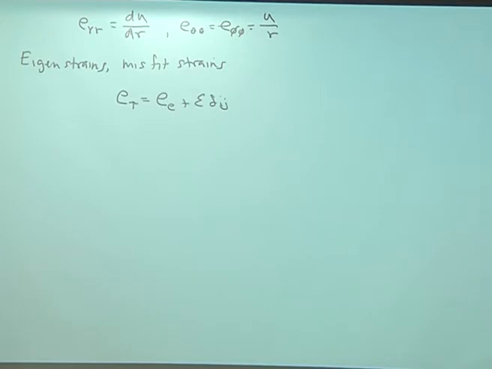So that means that Tij, I guess it's easier to write it like this. And then beta, this is in the beta phase, is equal to the elastic strain.